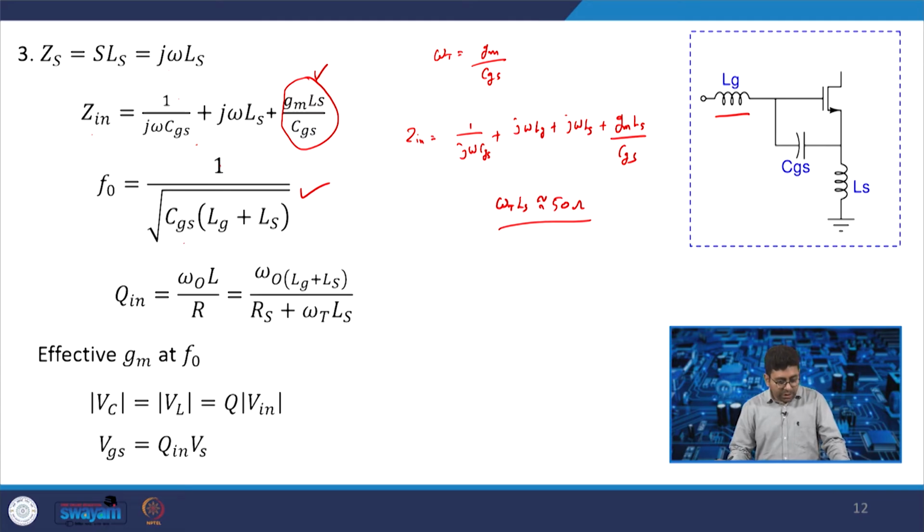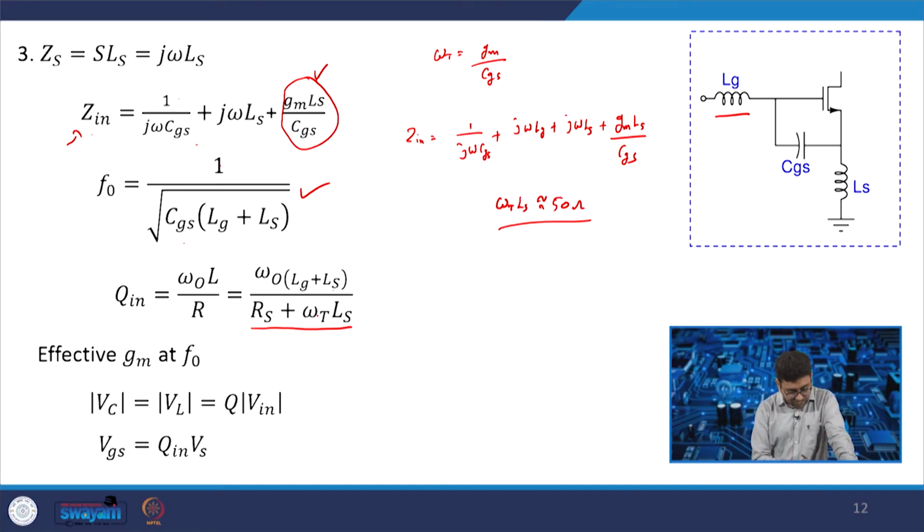Now here, as this is a series resonant circuit, you can write a Q, that is omega naught L by R. R here is Rs plus omega t Ls. So now again we are adding the source resistance, and then you have L, which is Lg plus Ls.